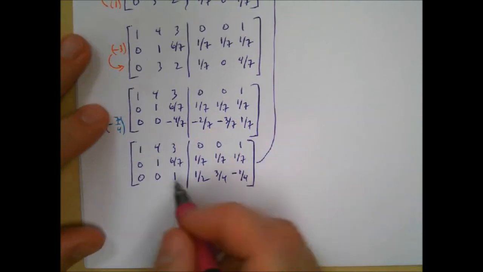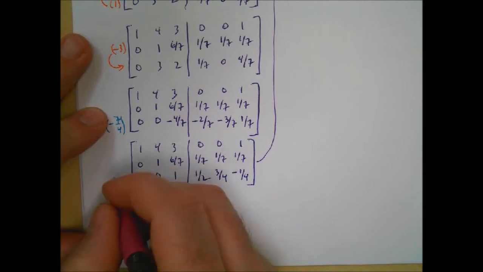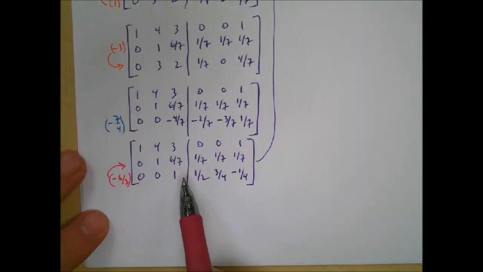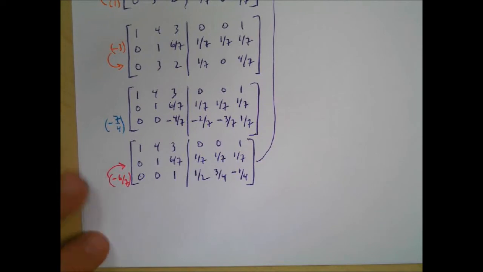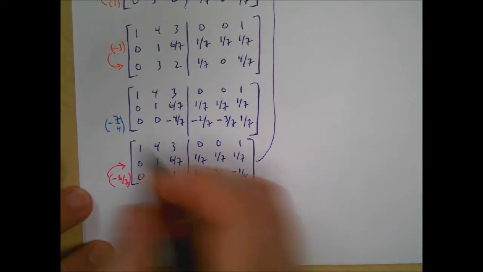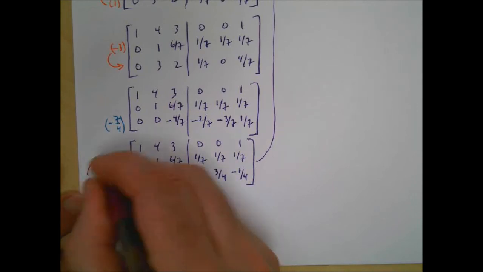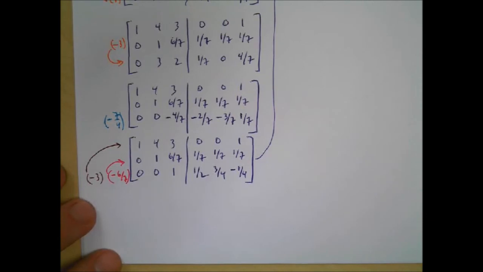So I'm going to multiply the bottom by negative 6 sevenths and combine it with the middle row. And I'm also going to multiply the bottom row by negative 3 and combine it with the top row.